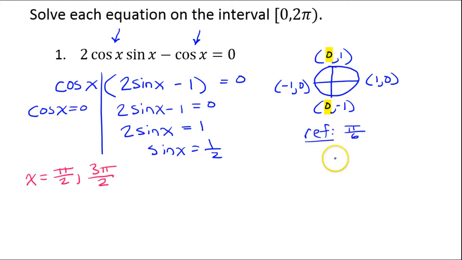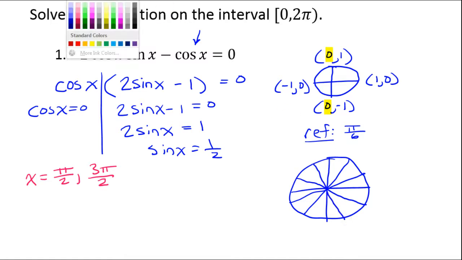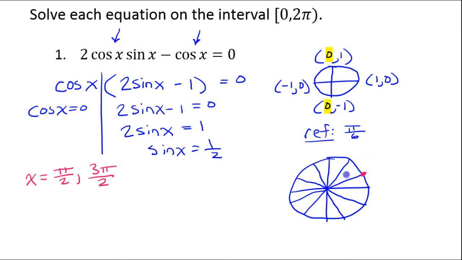That's not the solution. It just tells me what type of diagram I should be drawing or picturing in my brain. So I'm drawing a diagram of pi over 6's, which the pieces are so small that it is tricky to draw. So you're going to have to forgive me for how janky looking it is. These are the 4 angles that have a reference angle of pi over 6.